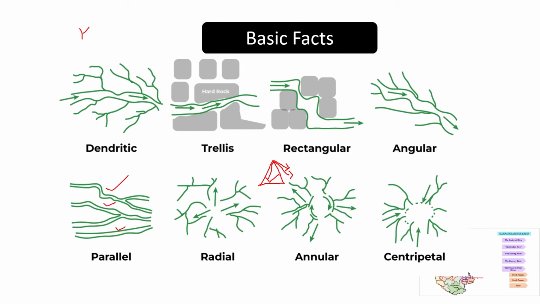Krishna river and Kaveri river follow the dendritic form of river pattern, whereas the west flowing rivers follow the parallel river system. And the Nandidurg rivers, that is Palar, Pennar and Ponnayar, follow the radial form of pattern from the Nandidurg range itself. This is about the river patterns of Karnataka.